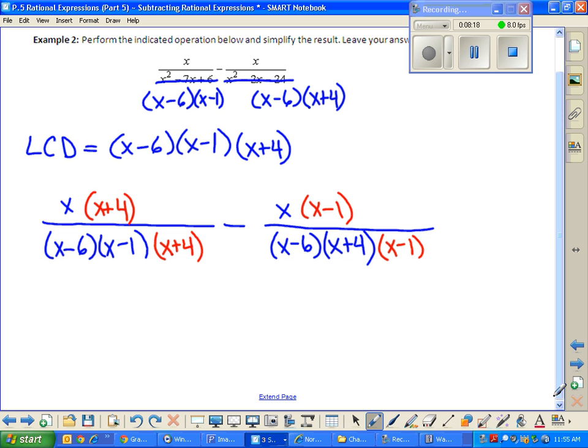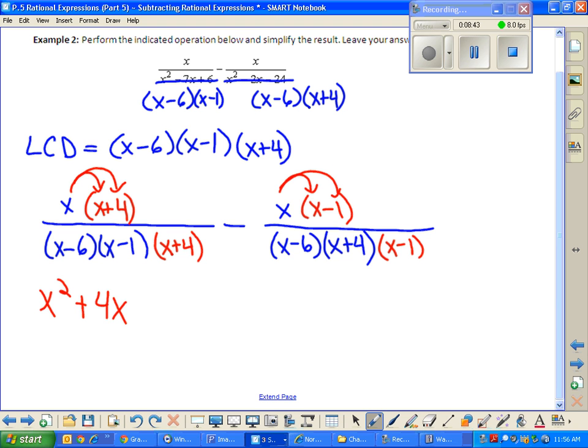Now the denominators are the same, so that's nice. They're both a common denominator. So now I just need those terms. I need to distribute and FOIL. In this case, it's just the distributive property. I just need to distribute through the top so that I can get those terms to subtract. So x times x is x squared. x times 4 is 4x.